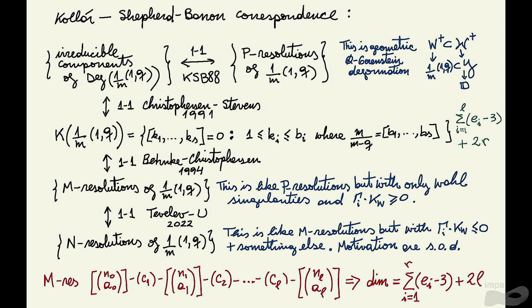Now Christophersen and Stevens prove a combinatorial way to think about these P resolutions, which are related to zero continued fractions, where the length is the length of the continued fraction of the dual. Remember I told you that the dual of the continued fraction of the cyclic quotient singularity is the one in charge of the deformations.